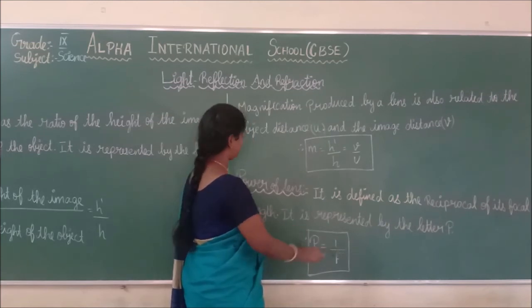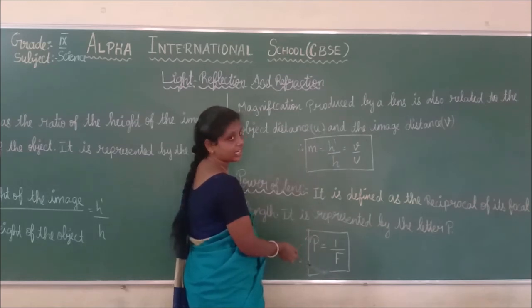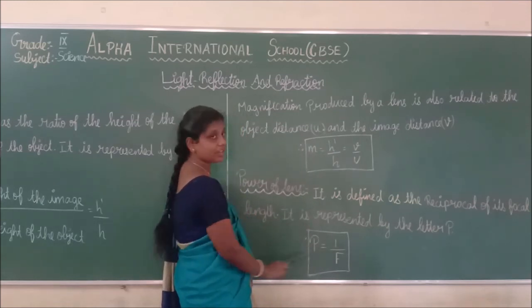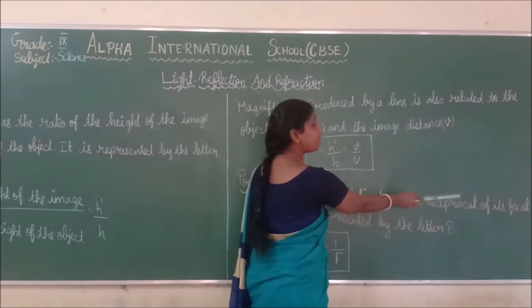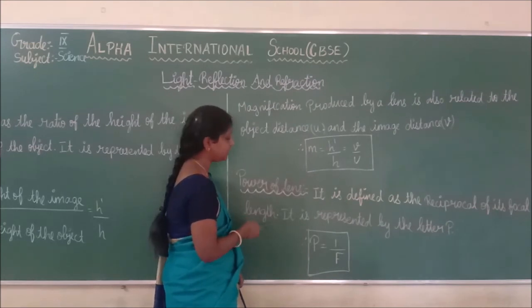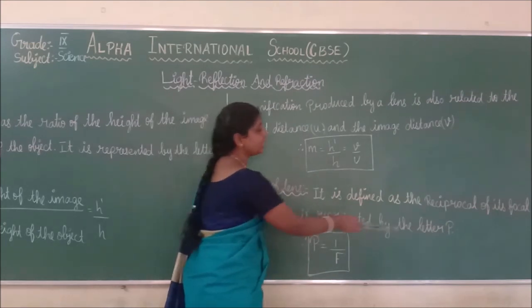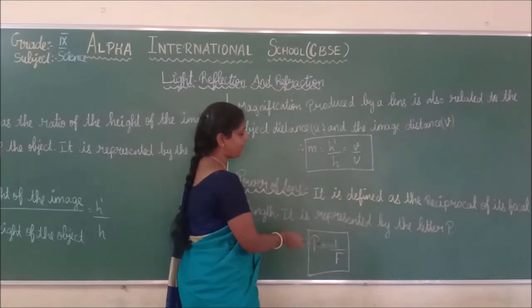This is the formula for power of lens. P is equal to 1 by focal length. You understand, students?